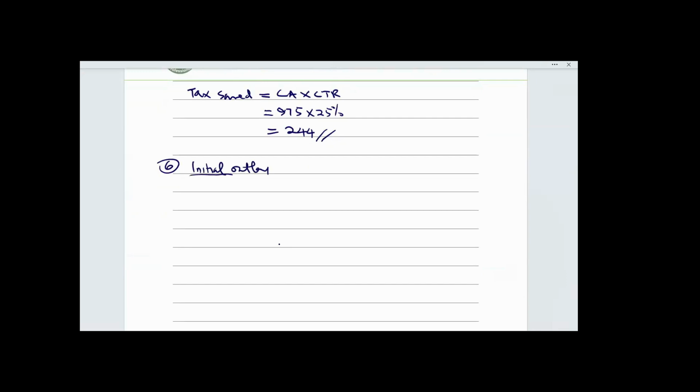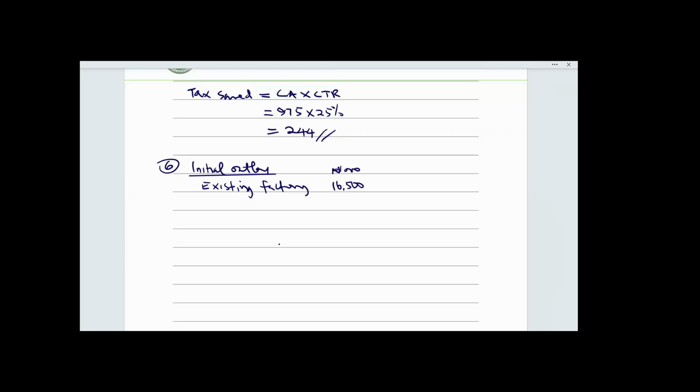So we are told that we have an existing factory that worth 16,500,000. Our figures are in thousands.